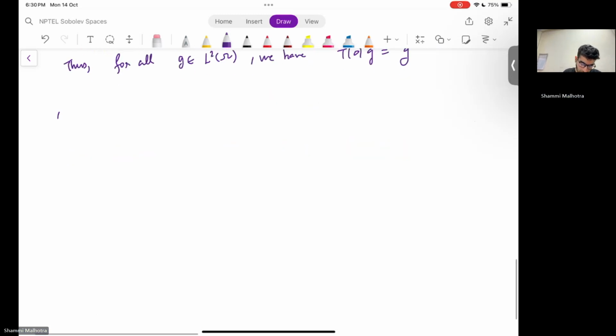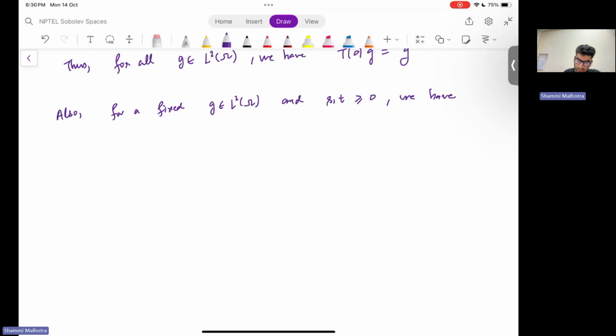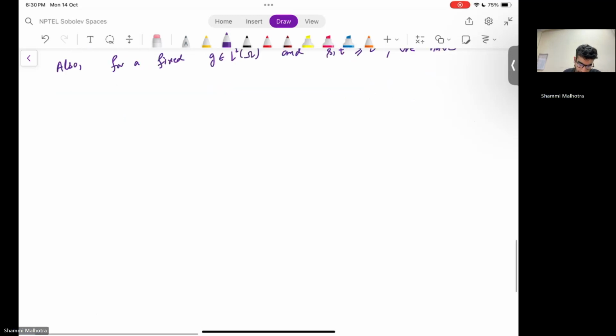Also, for a fixed g in L2 omega and s and t greater than or equal to 0, we have T(t) T(s) g(x).